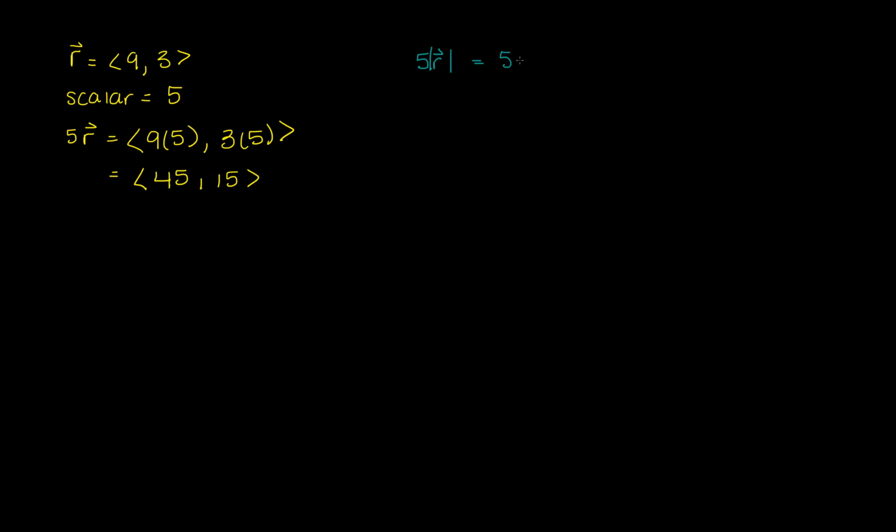So this is going to be 5 times the square root of 9 squared plus 3 squared, which is 5 square root of 81 plus 9, which is 5 times the square root of 90. Placing that into my calculator, I roughly get 47.4.